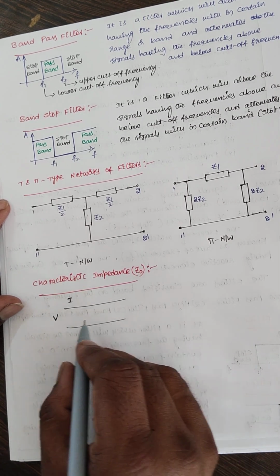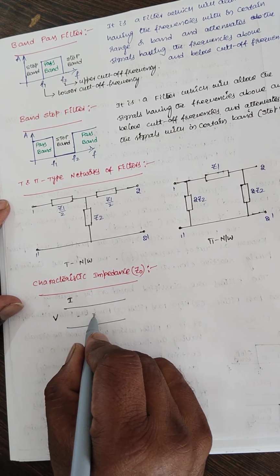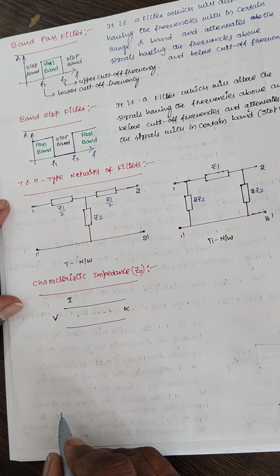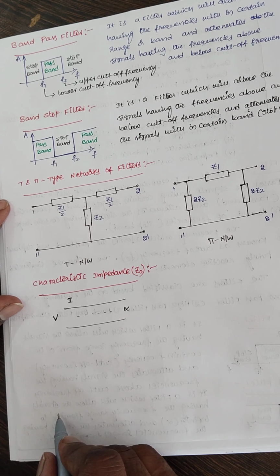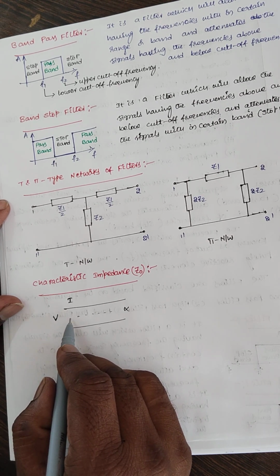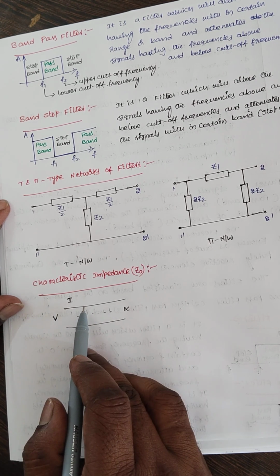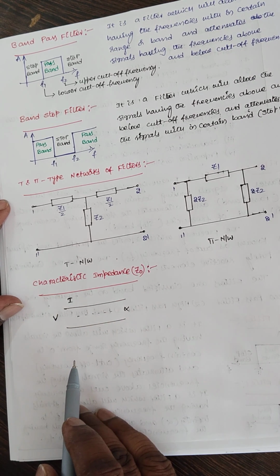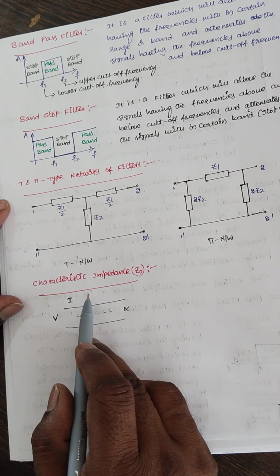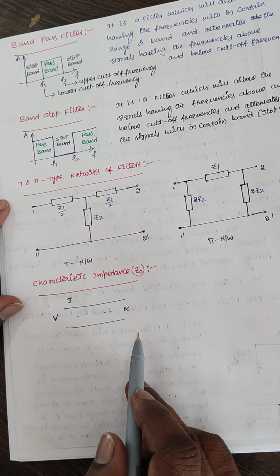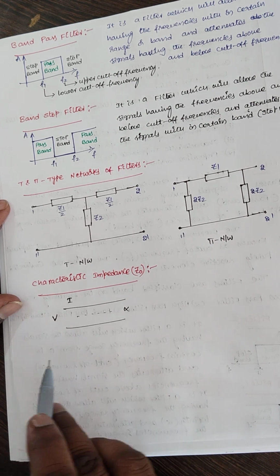If you consider this transmission line having the length of infinity, then the input impedance of this transmission line is nothing but the characteristic impedance. Finally, we can define this characteristic impedance as the input impedance of the infinite length transmission line.